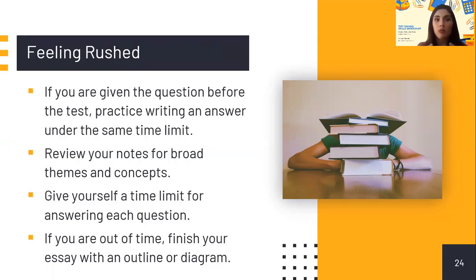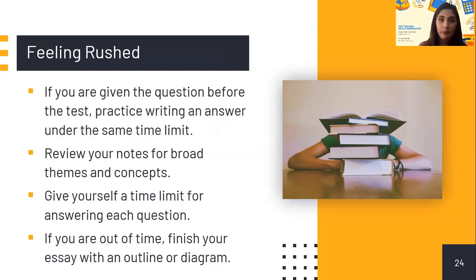Think of a broad theme, a main idea, rather than focusing on minute details. While details may be needed for your essay, if you weren't given the topic beforehand, it's likely going to be a topic that is more broad. So by focusing on that in the notes, you can likely try to guess what the essay question is going to be.